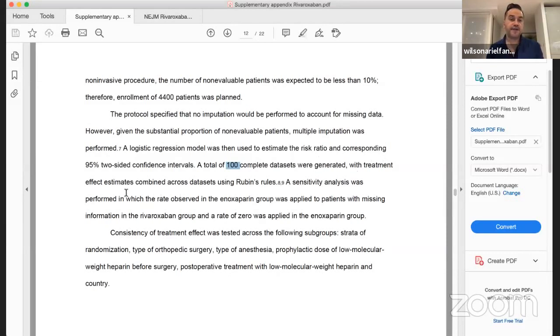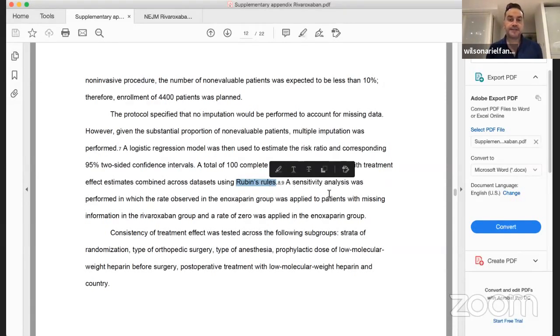And treatment effect estimates were combined across the data sets using Rubin's rules. Rubin's rules is basically a methodology to pool all the information coming from the multiple data sets into a single number, and in that way provide the imputation for that particular patient.